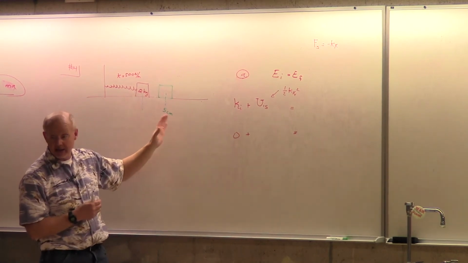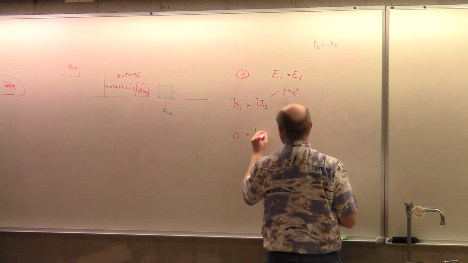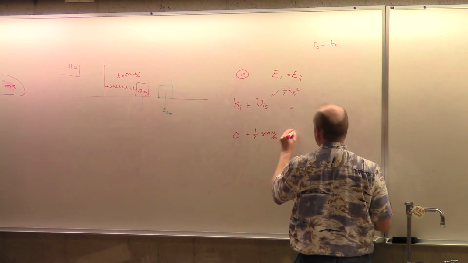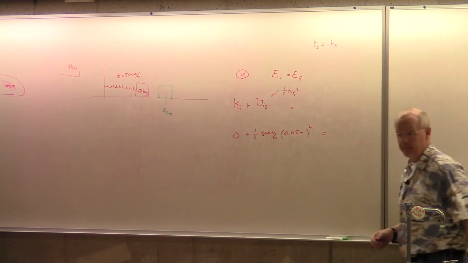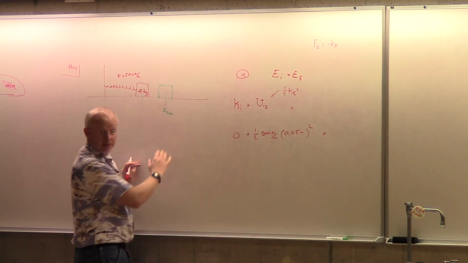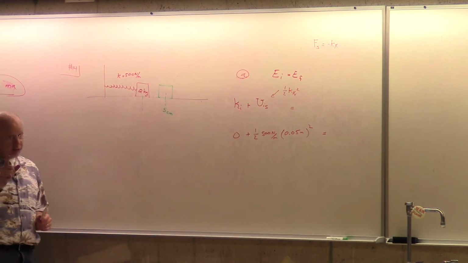This actually has some kind of distance. So I need to put in 1/2 times 500 times 0.05 meters squared. What do they give that in? The 5 centimeters? Yeah, they say you pull it 5 centimeters. Okay, oh, okay. Yeah.